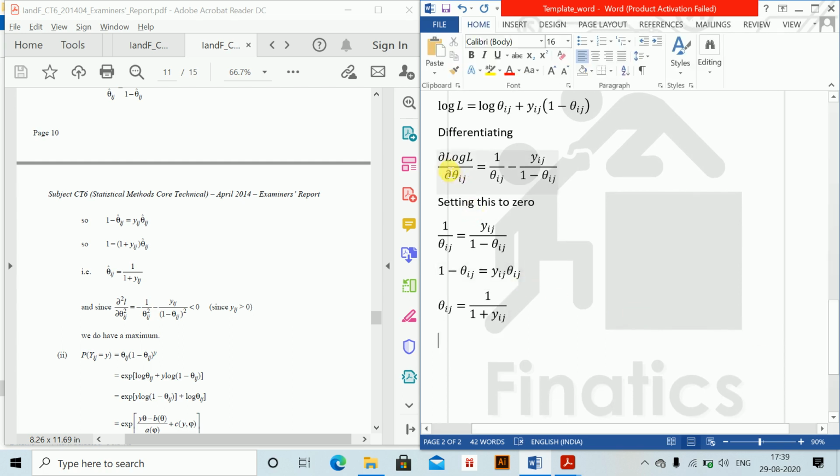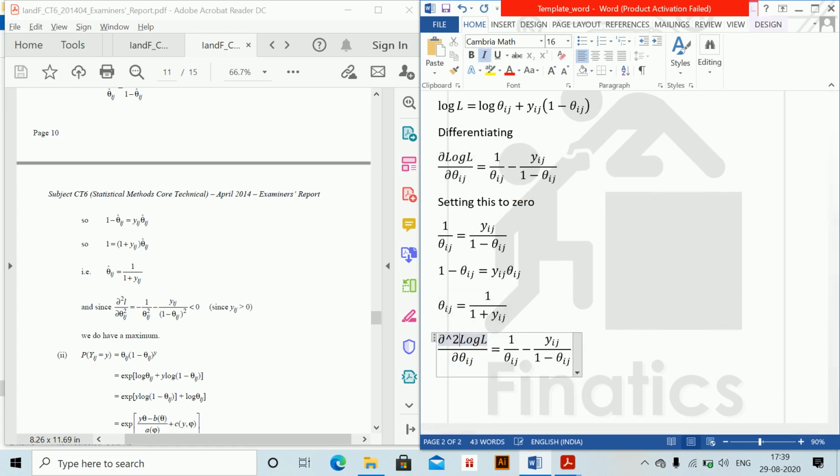So what I'll do is, I'll not write anything, I'll just copy this, paste this. So del square by del theta square, okay, is equals to minus of 1 by theta_ij square, and this also becomes square. Since the entire thing is negative, we have less than 0, hence maximum.